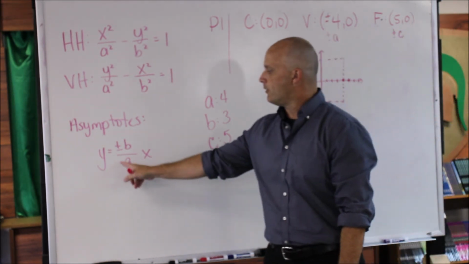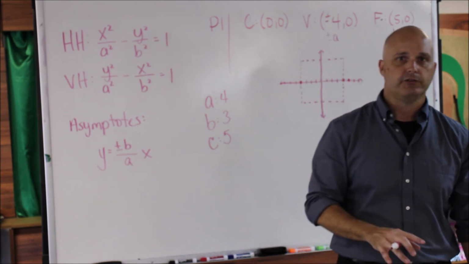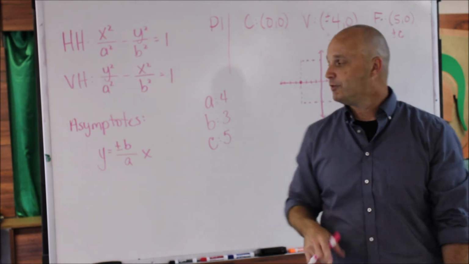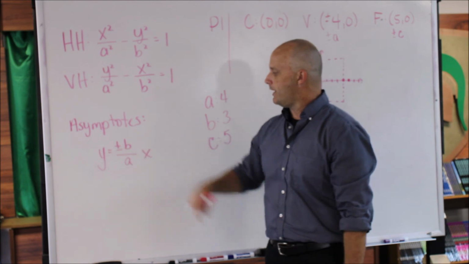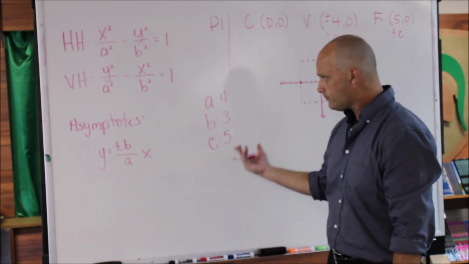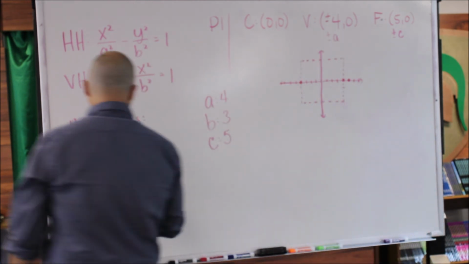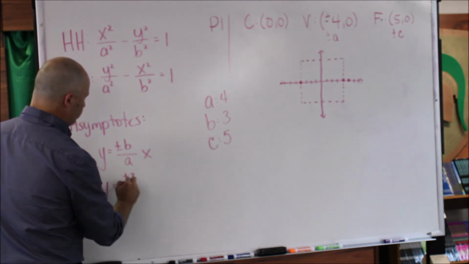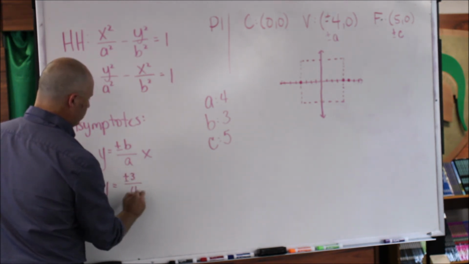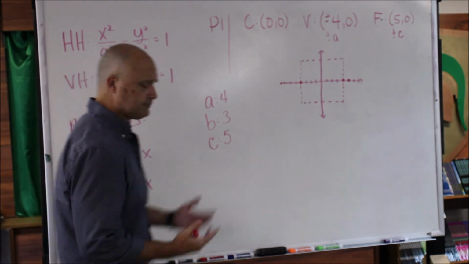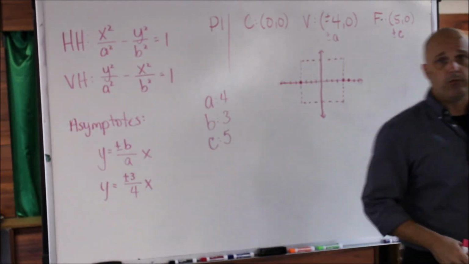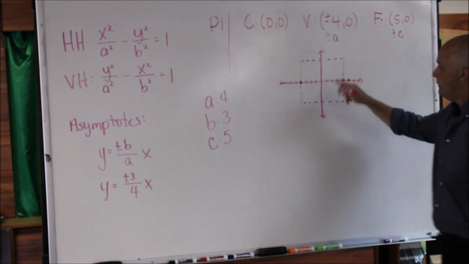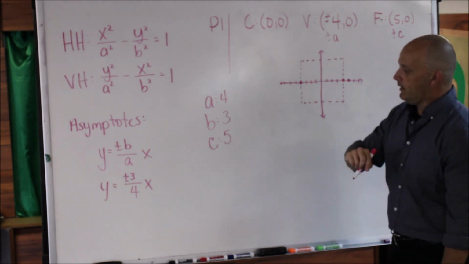The formula for a horizontal hyperbola's asymptotes is y equals plus or minus b over a. So this tells us we're going to have y equals plus or minus 3/4 x.